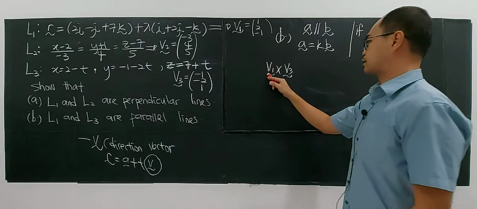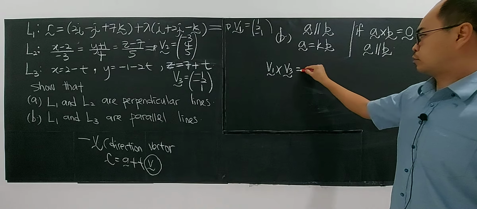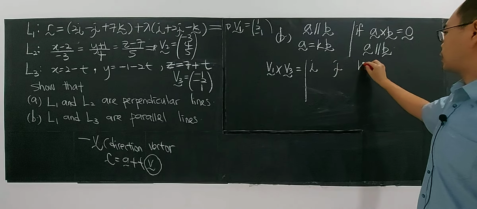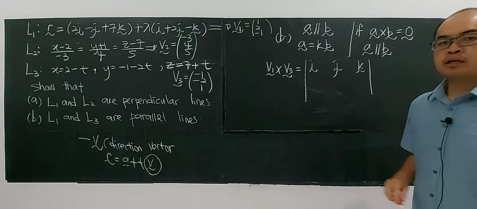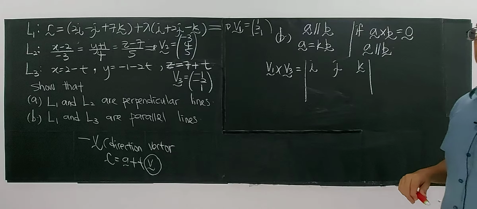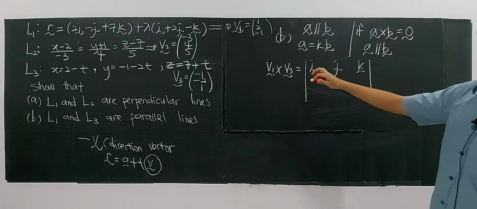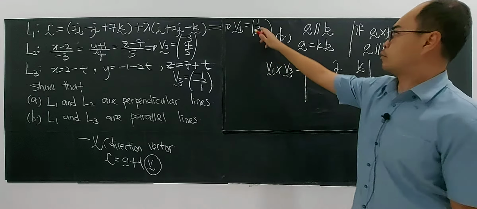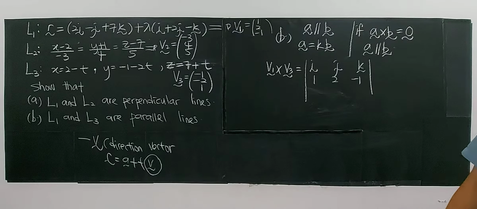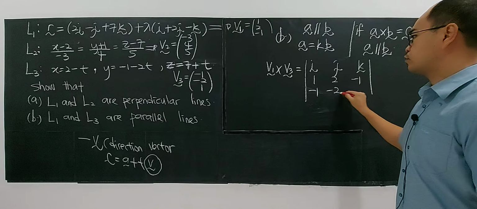We take the direction vectors of both lines and do the cross product, using i, j, k, as I showed in my previous lesson on the cross product. V1 is (1, 2, -1) and V3 is (-1, -2, 1).